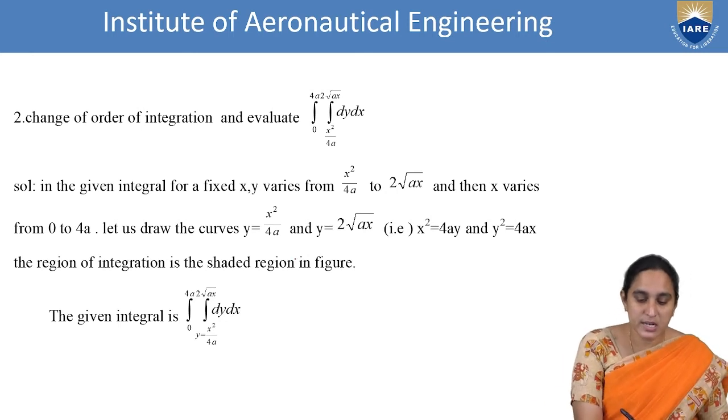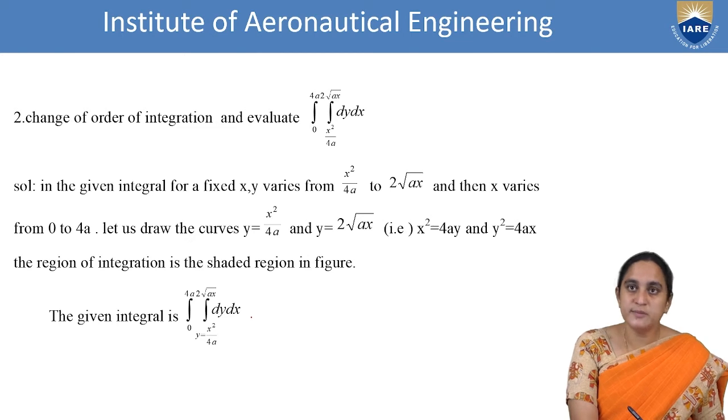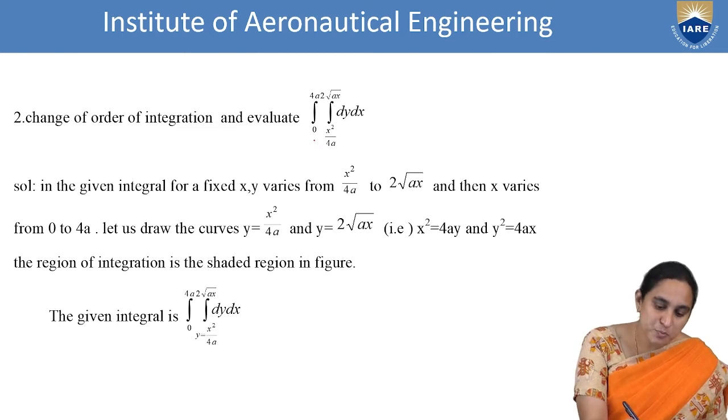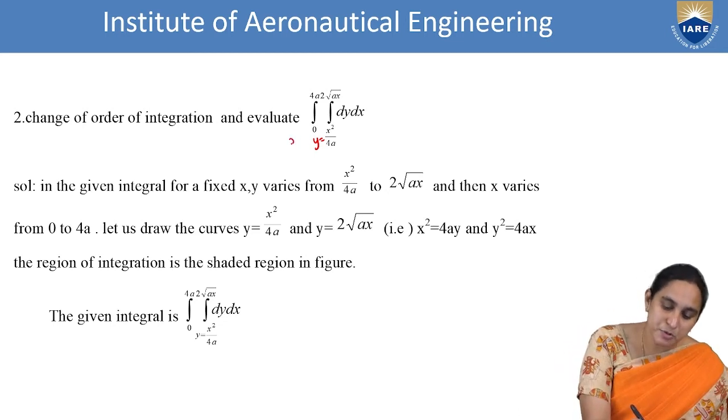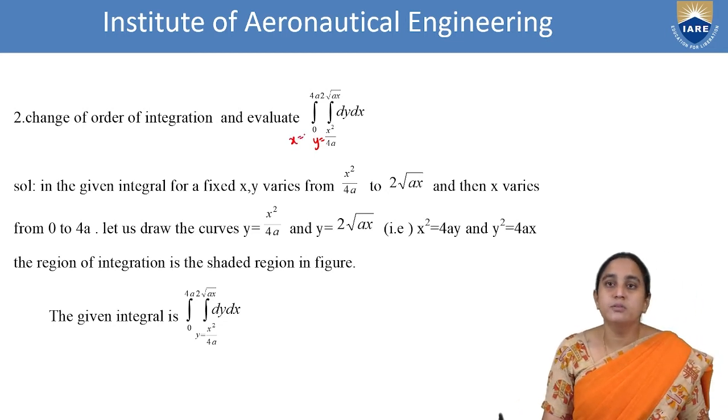Once you observe here, x limit points are fixed. Y limit points are in terms of x, that is x square by 4a to 2 root ax. And what about the x limit points? Here the x limit points are 0 to 4a.